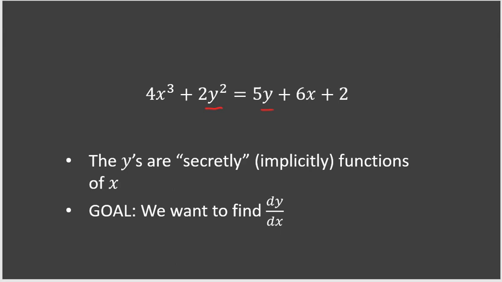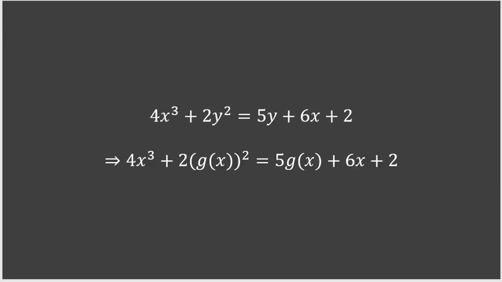Now, sometimes just seeing y's but having to think of the y's as some other function of x can get a little bit confusing. So there is another way you can rewrite this if you so choose. You can simply replace the y's with functions, and I call them g of x here. So the y got turned into a g of x there, and this y got turned into a g of x there.